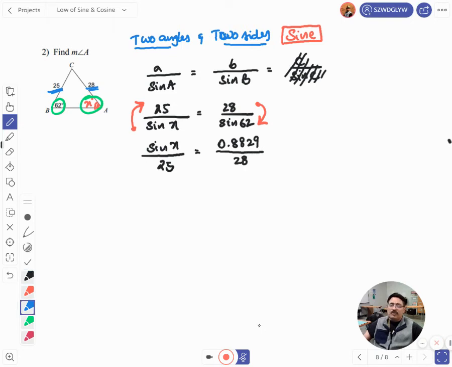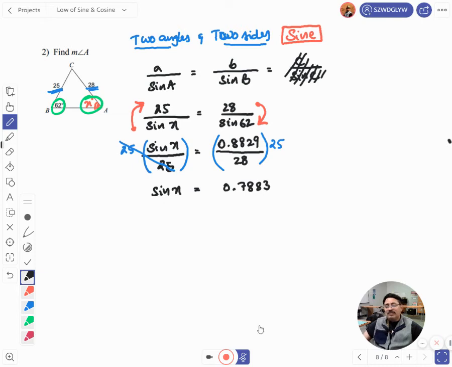Now, to isolate the variable, we go for the inverse operation, which is multiplying by 25. When I multiply this way, I get sine x equals 0.8829 divided by 28, and the result multiplied by 25, which is 0.7883.